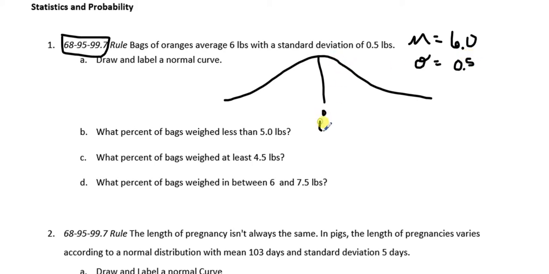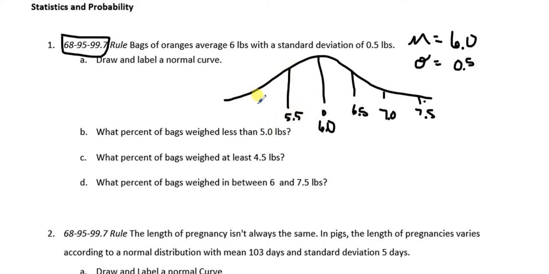So at 0, we're at 6. If we drew the full curve, and this is where I'm going to save some time, we'd be at 6.5, add 1 standard deviation, 2 standard deviations, 3 standard deviations, and there should be very little data past 3 standard deviations. Go down 1, 5.5.